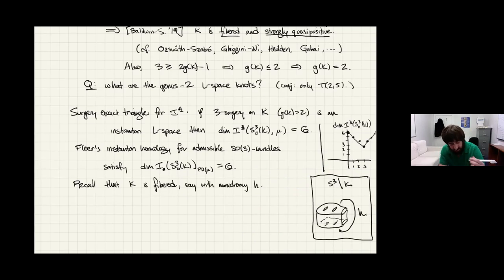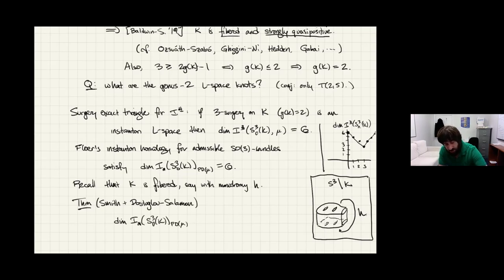And so we have some very difficult theorems that we can apply. One by Ivan Smith, and one by Daemi and Scaduto, which says essentially the following: the dimension of this Floer homology of the zero surgery is actually the same.